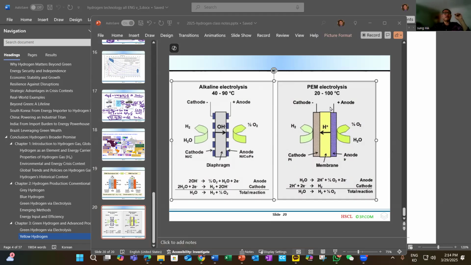So PEM operates at temperatures ranging from room temperature to 100 Celsius. And again, the water comes in to the anode side. Then, briefly speaking, the protons, H plus, will transmit through a membrane.